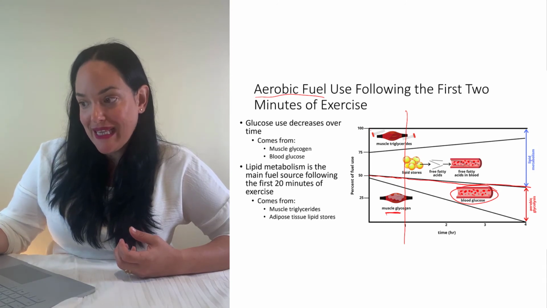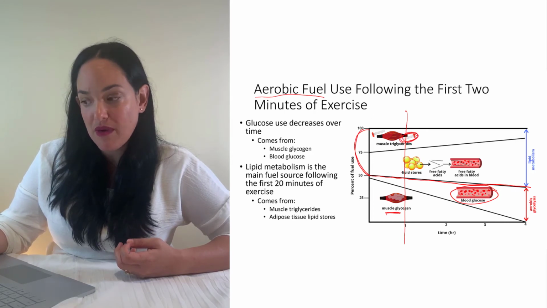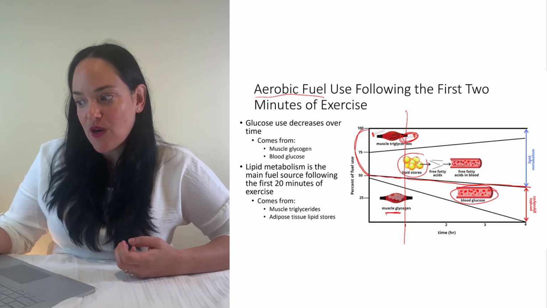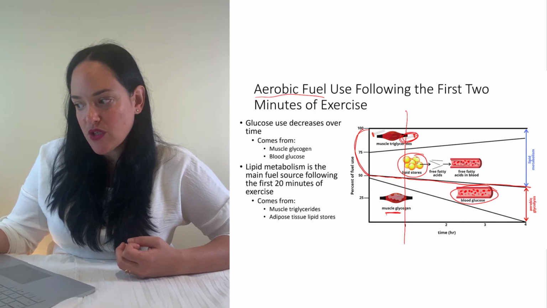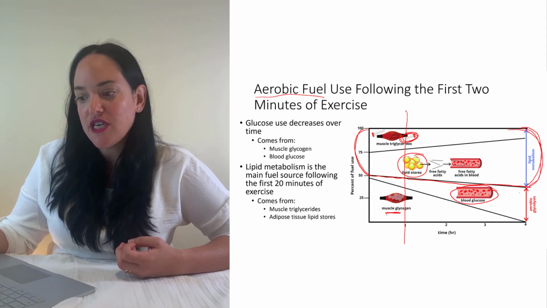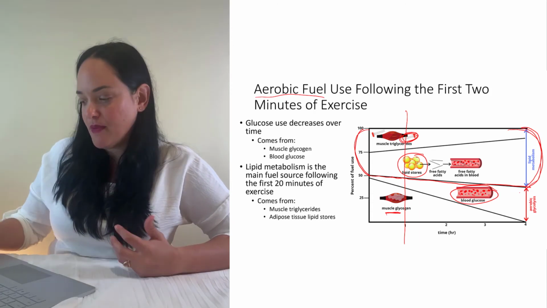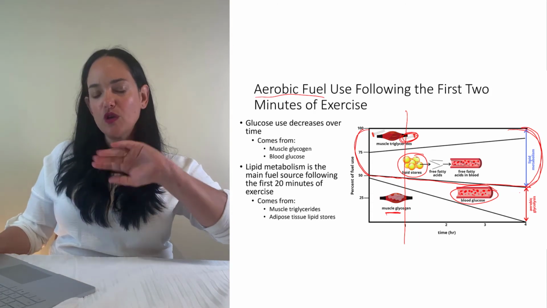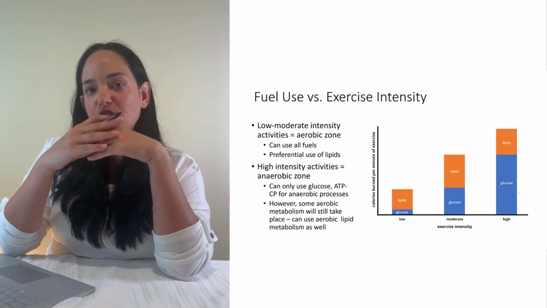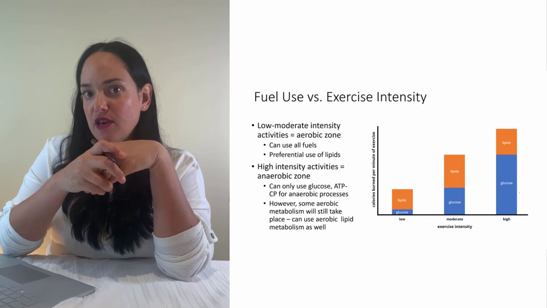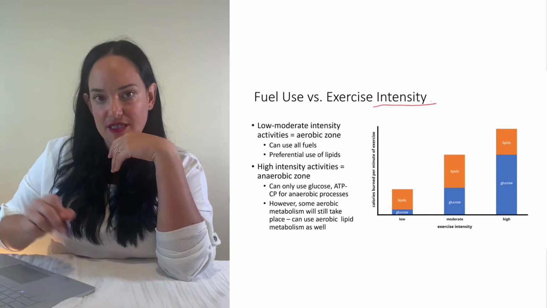We also get lipids for aerobic metabolism, and we get these lipids from some of the lipids that are stored at the muscle and the lipids that are broken down from our fat cells. And you'll notice as time goes on, the longer you exercise, the greater proportion of our energy is coming from our lipids compared to glucose.